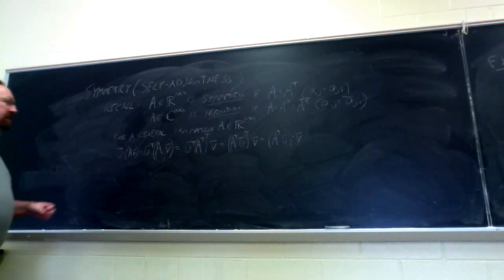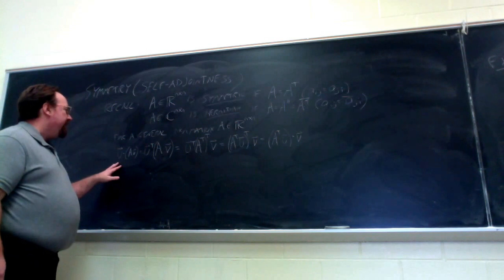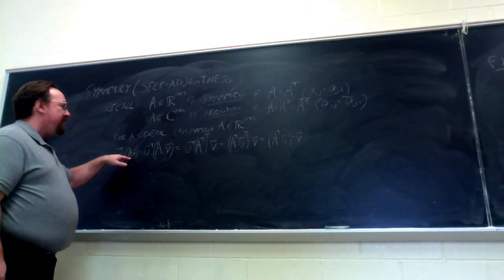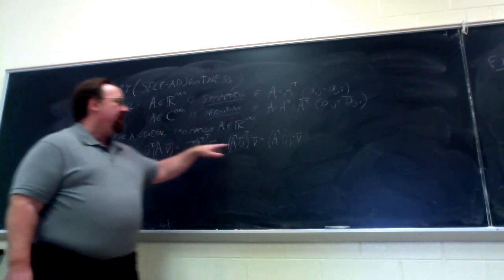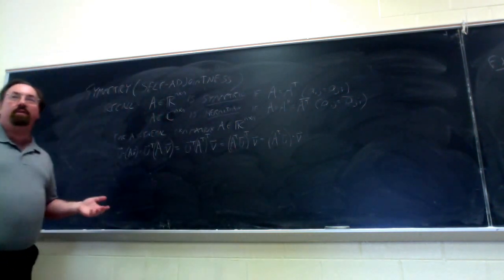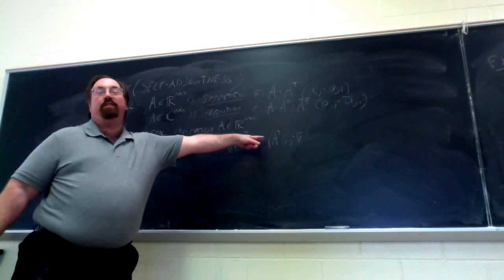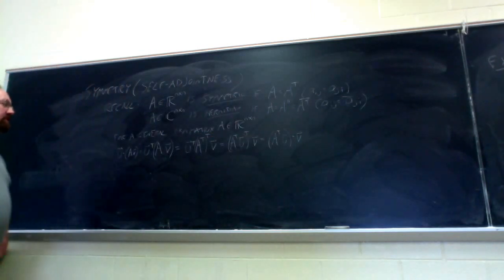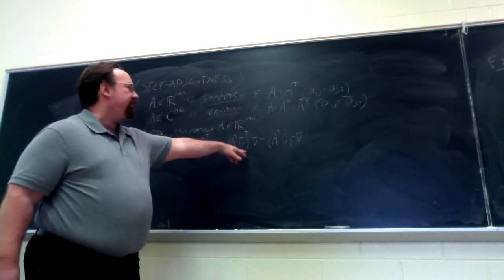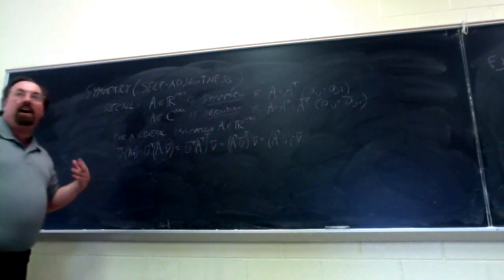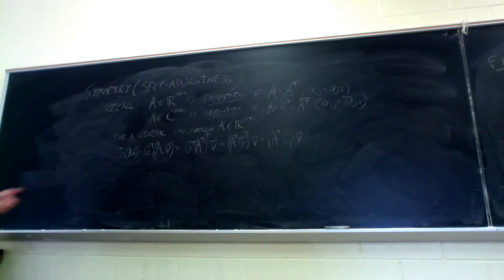So this property, that I could take this matrix A and move it from multiplying V over to multiplying U, I could basically put the shoe on the other foot as long as I take the transpose. So in fact, if I didn't already have this definition of a transpose, I could use this property to define transpose.